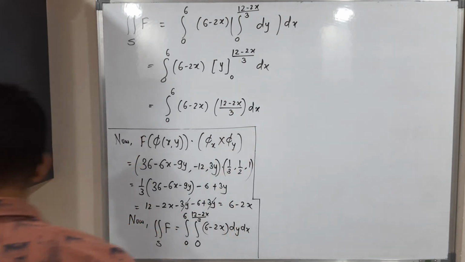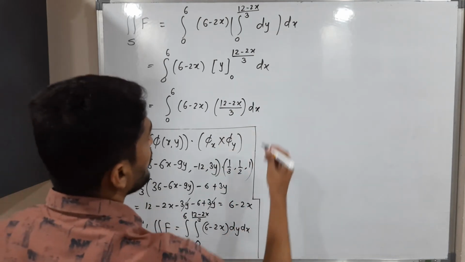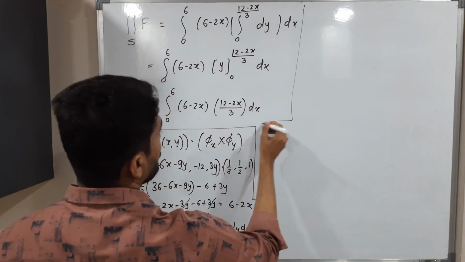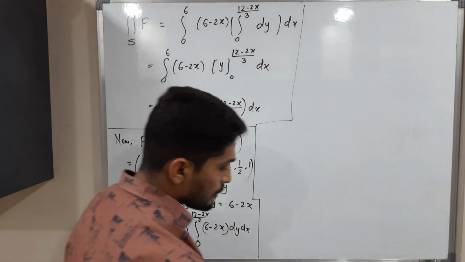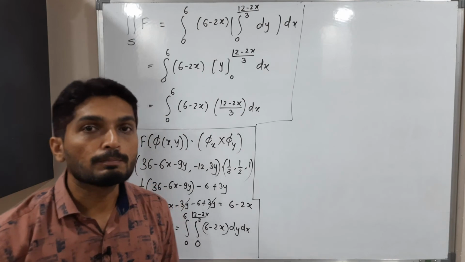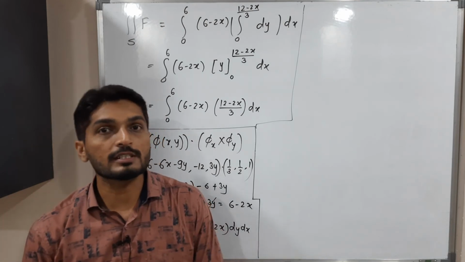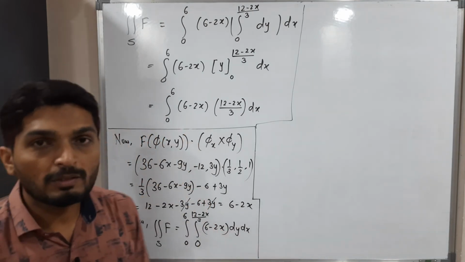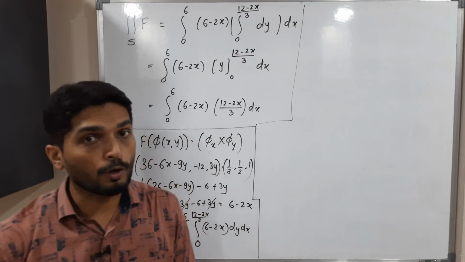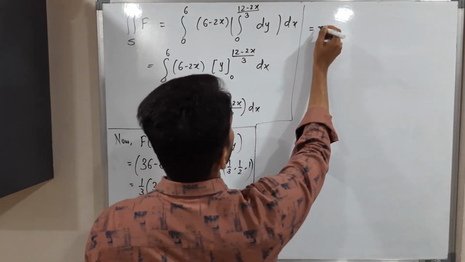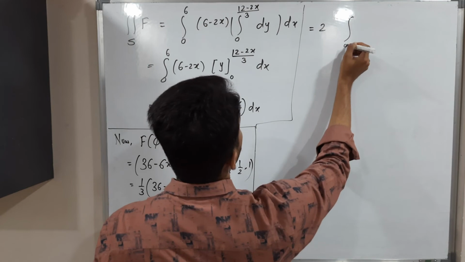Okay, we have some space, let us use. Okay, I am going to write the remaining part of this problem here. Okay. So to make the calculation more simple, what will I do? I will take the constants outside. So from the first bracket, definitely we can take 2 common. So 2 is a constant, so that's why I am taking it outside. 0 to 6.